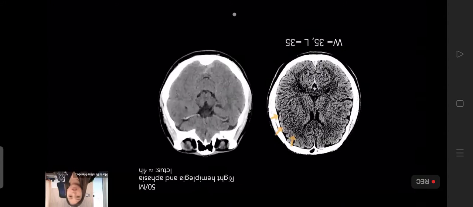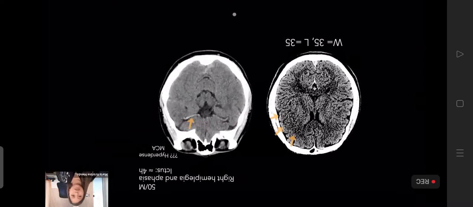So, an example with this patient with right hemiplegia and aphasia, and when we window that particular axial cut, we see hypodensity in the left frontal lobe. The hyperdense vessel is quite equivocal because although the left M1 segment appears more hyperdense compared to the right, it's still very hard to call.